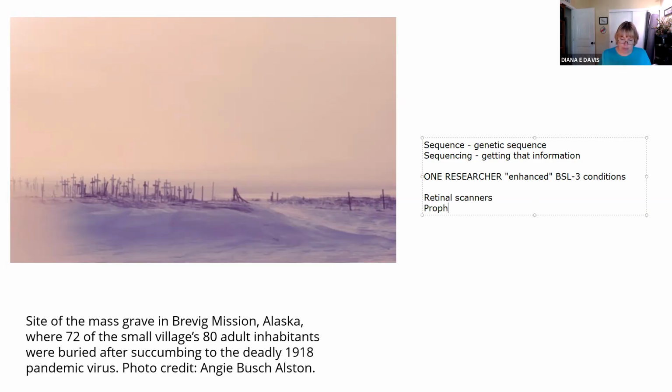This researcher took prophylactic or preventative antivirals that do work against the flu nowadays. And if he got infected, he would be placed in solitary quarantine without access to the outside world.